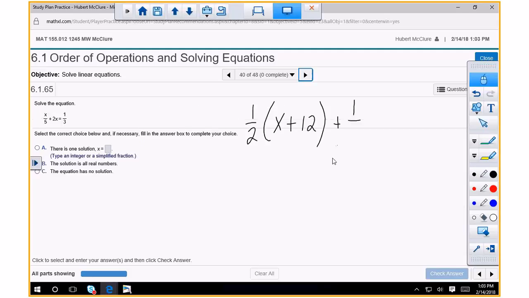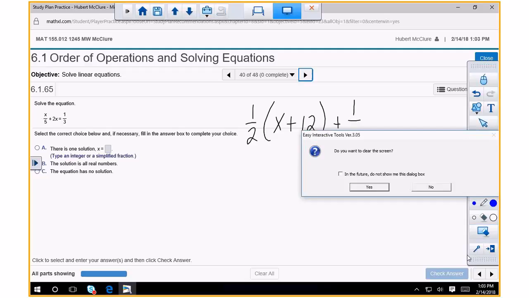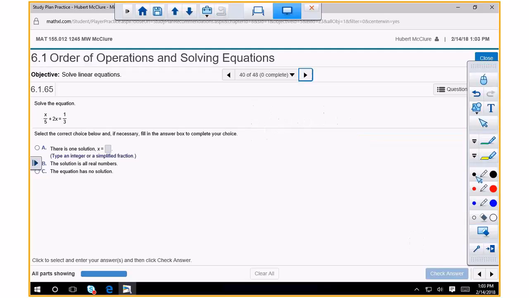All right, there's one. It's a little bit easy, but 1/5 x plus 2x is equal to 1/3. And what are you going to do? Multiply through by what?